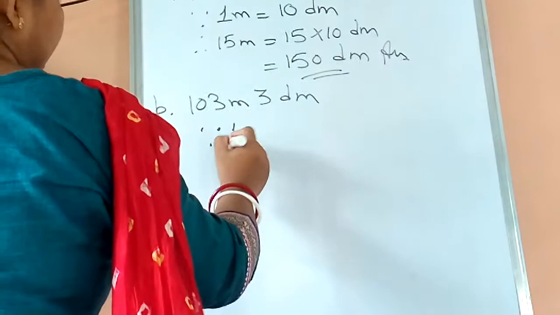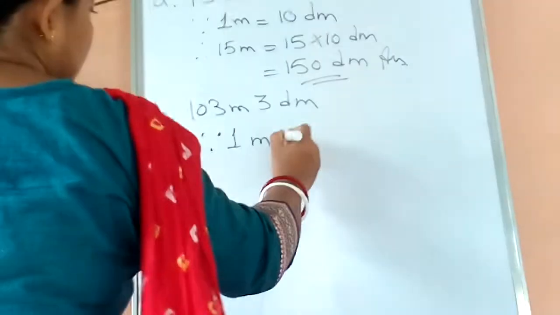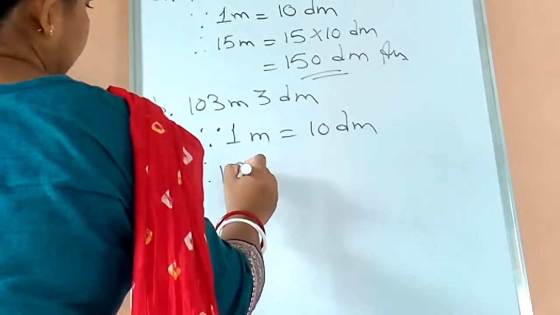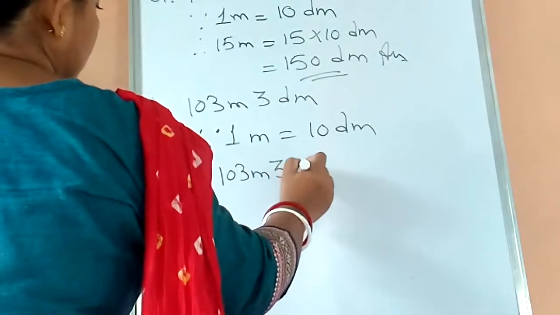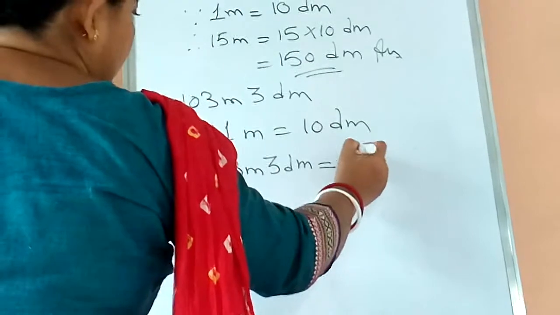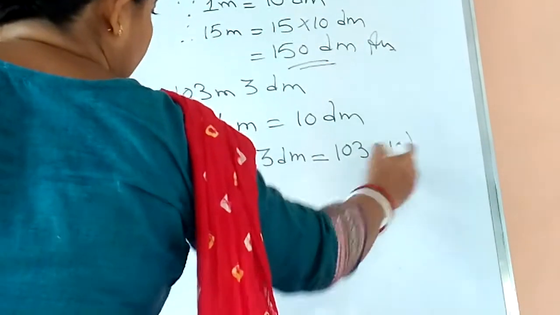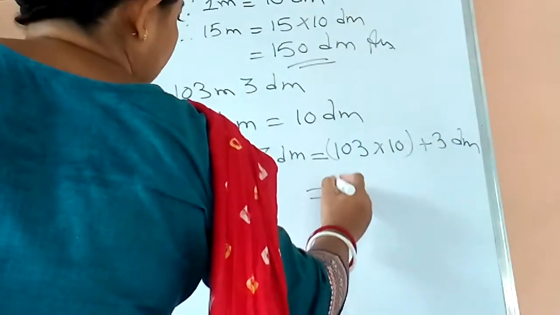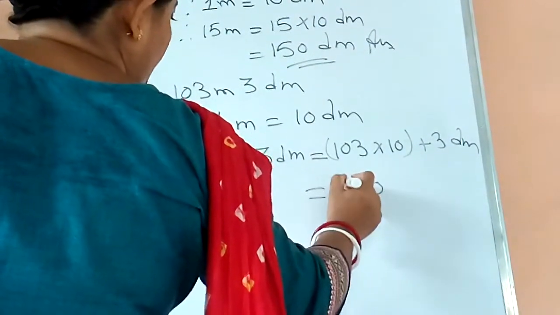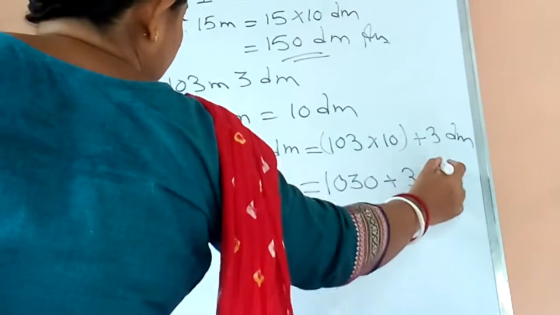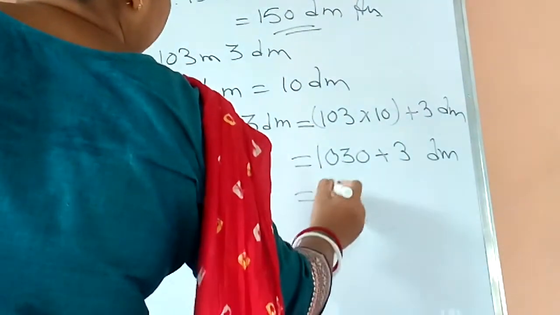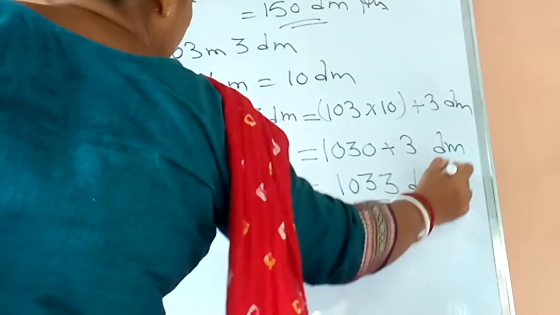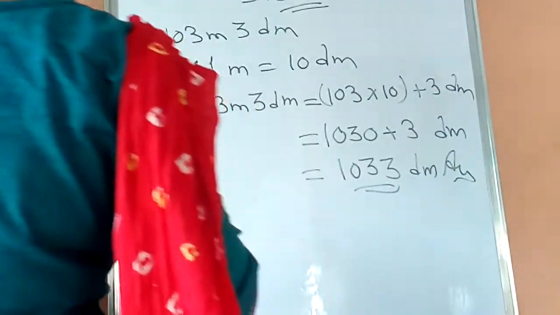Since 1 meter is equal to 10 decimeter, therefore 103 meter and 3 decimeter is equal to 103 into 10 plus 3 dm. So this will be 1030 plus 3 decimeter, that is 1033 decimeter. So this is the answer for part B.